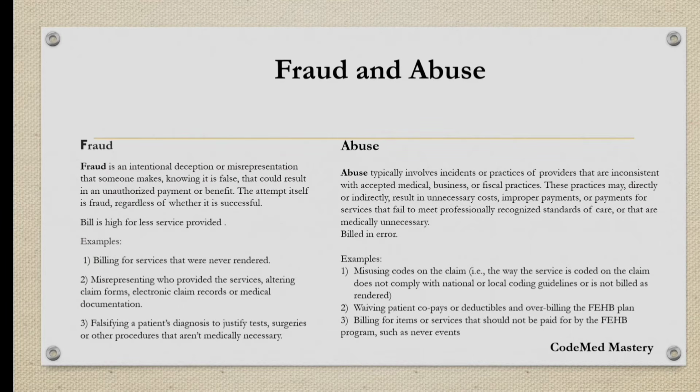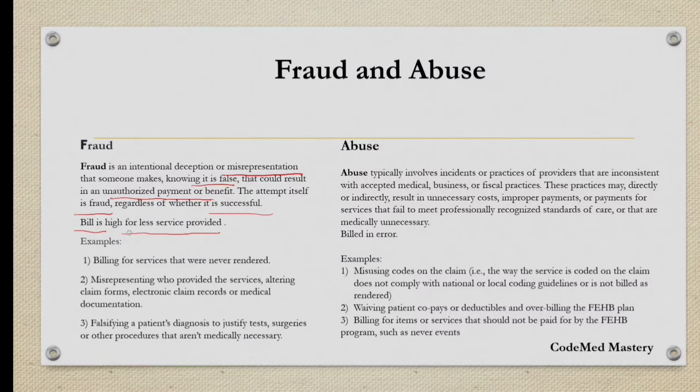Next is fraud and abuse. This is very important. So, let us see what is fraud. Fraud is an intentional deception or misrepresentation that someone makes, knowing that it is false. So what it could do, that could result in an unauthorized payment or benefit. So this is considered as fraud, regardless of whether it is successful.